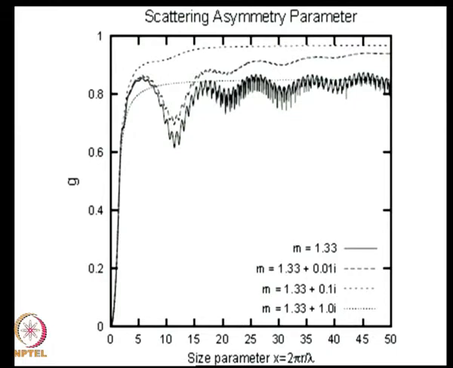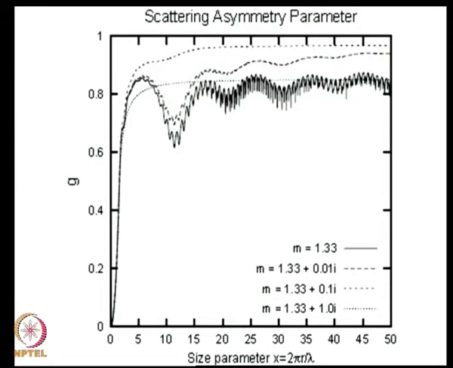And what you see is that if there is no absorption, that is the imaginary part of the refractive index is 0, then you have a large increase in G from 0, which is symmetric scattering, to a fairly high value. Then there are interesting oscillations with very special scales, and this is what you can expect in the Mie scattering domain. Lots of interesting features which you saw in the phase function also.